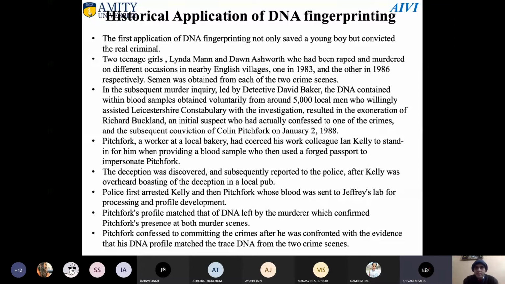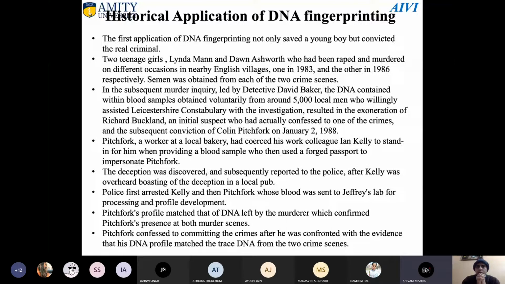Jeffreys, as I mentioned, was working around 1984. It doesn't mean he started working only in 1984; he was working a few years back. While he was working, the first application of his techniques came during that time itself.